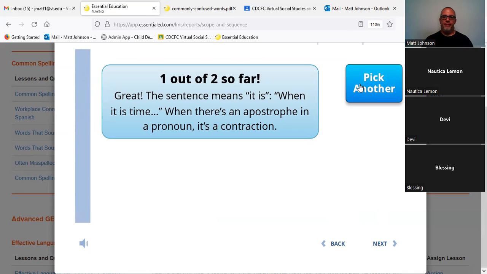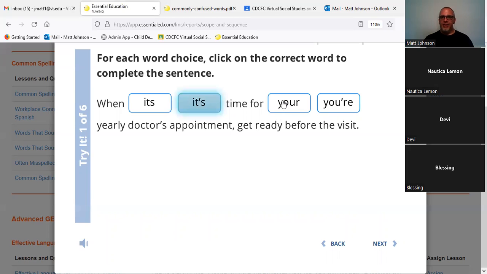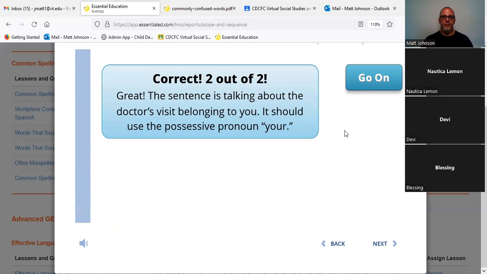When there's an apostrophe in a pronoun, it's a contraction. And then second is our possessive. Great. The sentence is talking about the doctor's visit belonging to you. It should use a possessive pronoun, your. Again, a quick way to correct those, you sound out the contraction. If the contraction doesn't make sense, then it's the other option.